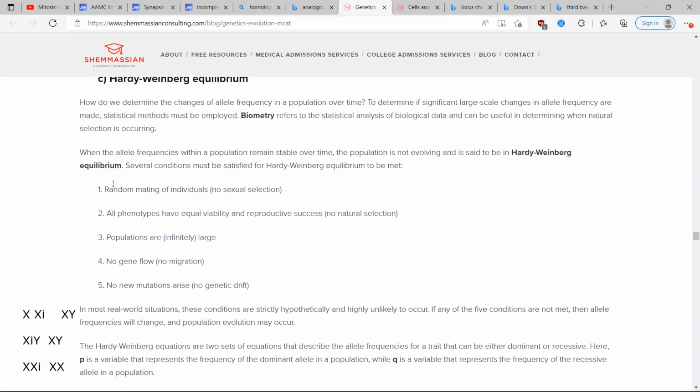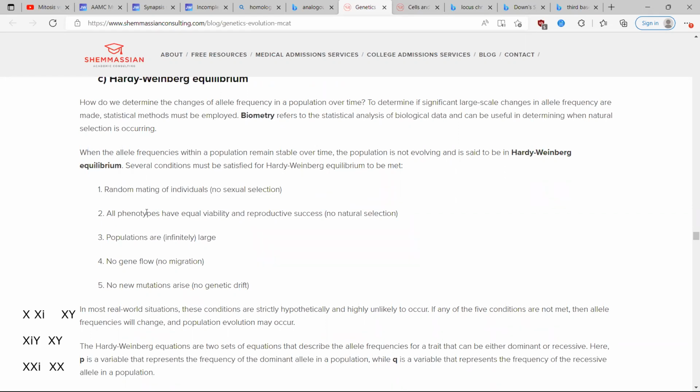But basically, the Hardy-Weinberg equilibrium is describing a scenario where a population is not evolving. For a population to not be evolving, there's no sexual selection or preference in how the individuals are mating. It's purely random, right?